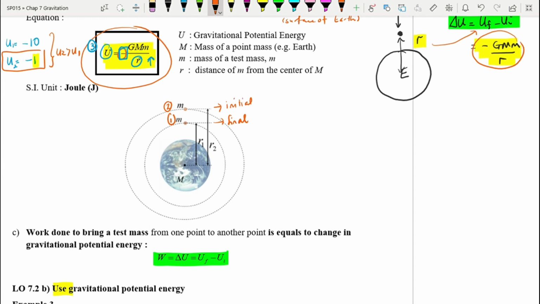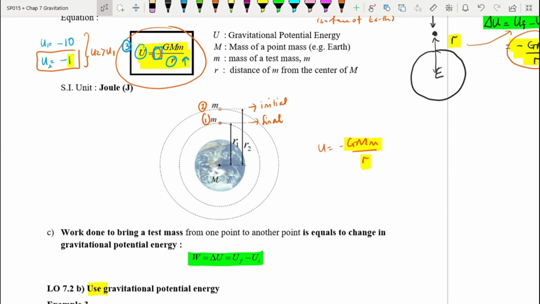Jadi by using this formula, satu adalah mass Earth, satu adalah test mass, kita kena specifykan R kita ni. Yang mana final, dia akan jadi R2. Yang mana initial, R1 akan jadi initial. So just tolakkan nilai yang atas ni sepatutnya akan sama, GMm over R. Basic sangat sebenarnya gravitational potential energy.